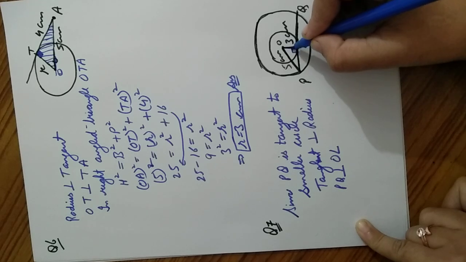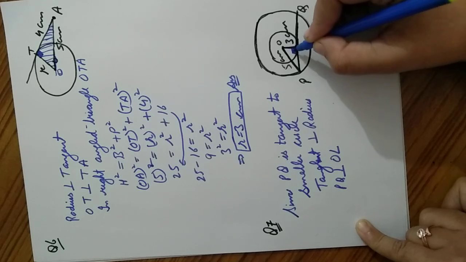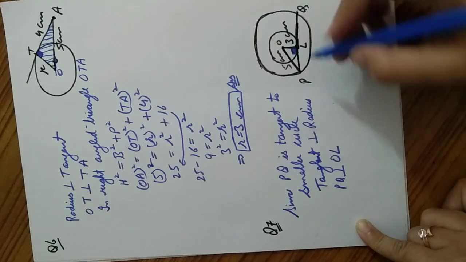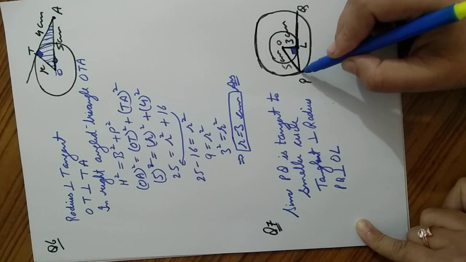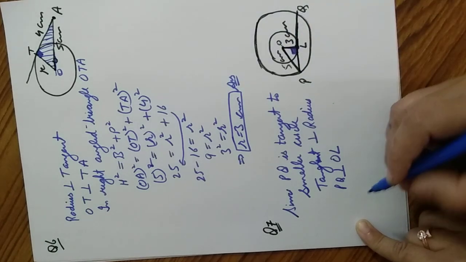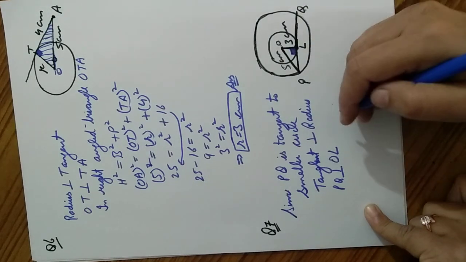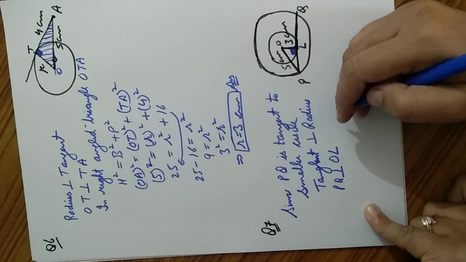It means again at point L we are having the angle of 90 degree, and it means triangle PLO is a right angle triangle.